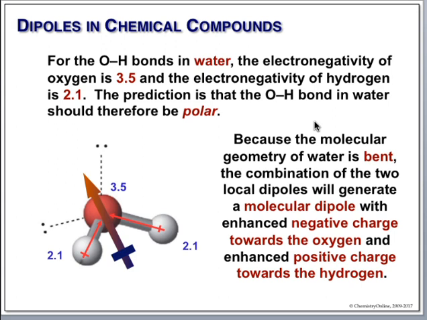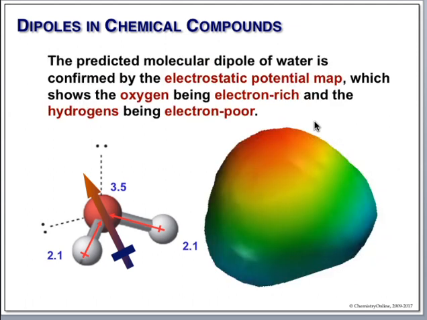So if we take water and we run our computer program and ask for the electrostatic potential map, what we get is something that looks like this. We have a nice blue bottom, that's here. Nice red top, that's here. And our dipole runs like this.